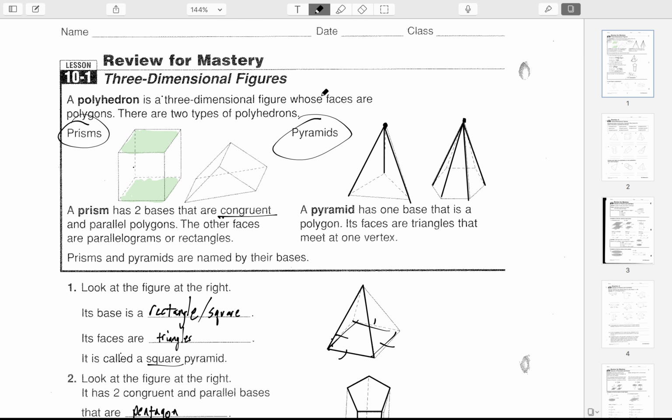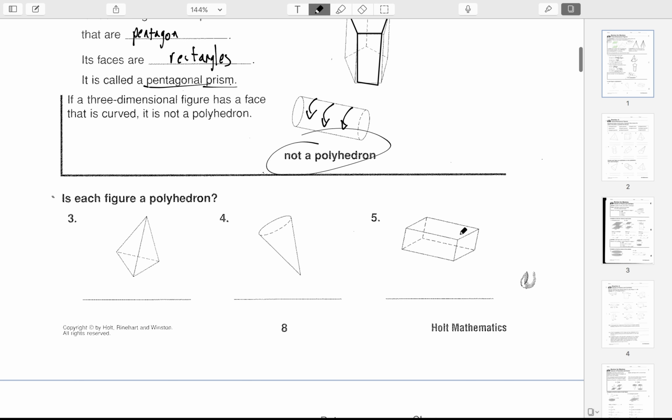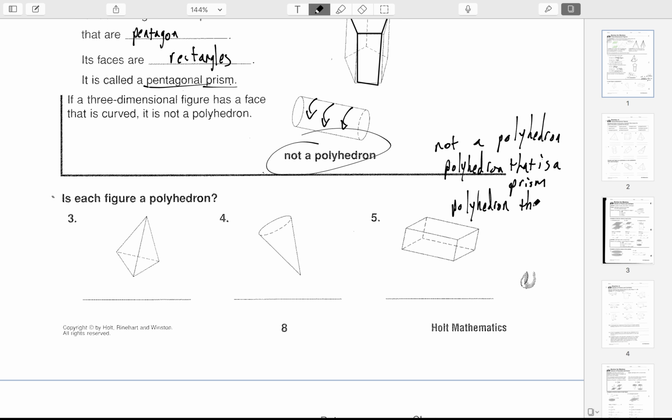So let me write out your 3 choices so you can answer 3, 4, and 5. So you have not a polyhedron, polyhedron that is a prism, and a polyhedron that is a pyramid.